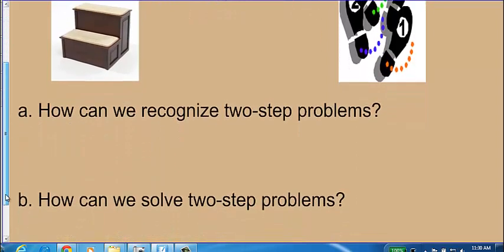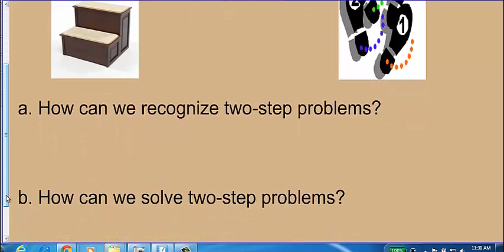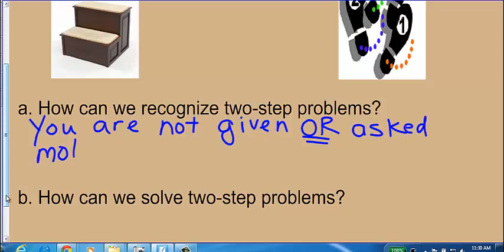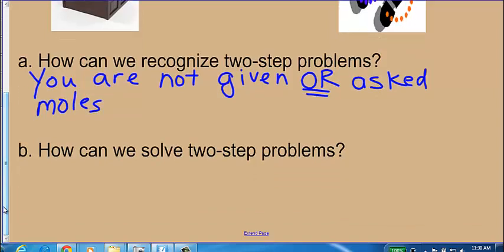And you can easily recognize two-step problems because you are not given nor are you asked moles. The word mole is nowhere to be found. But it's always the same 2 steps, kind of like a dance.